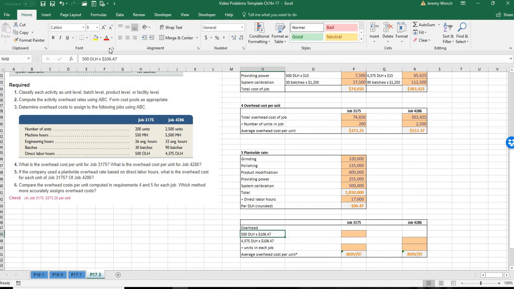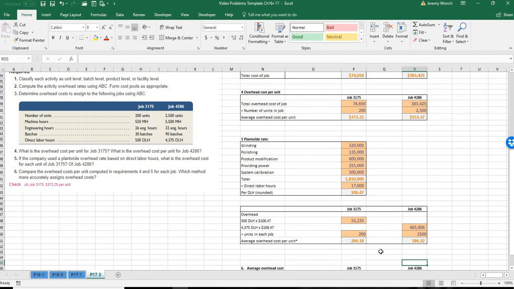If we apply this simple plant-wide rate of 106.47 based on direct labor hours, job 3175 had 500 direct labor hours, and job 4286 had 43,075. Then we divide that by the number of units. We had 200 for the first job and 2,500 for the second.